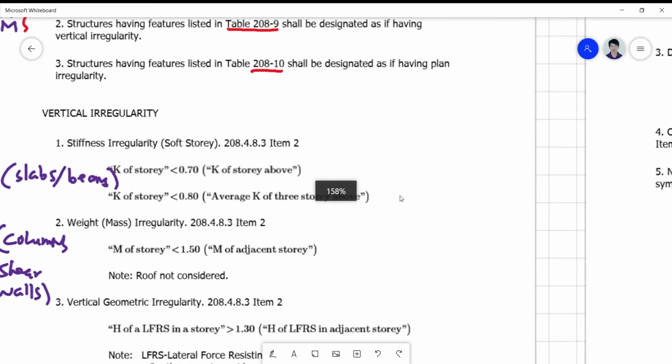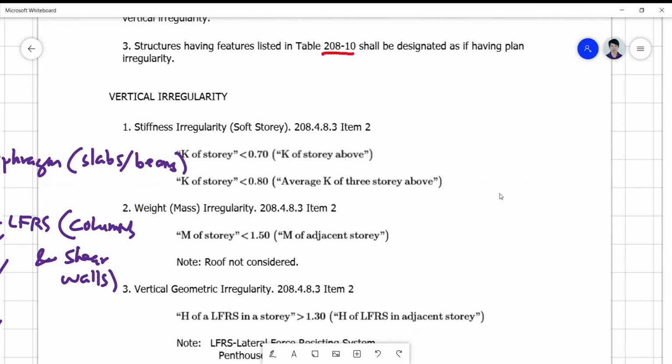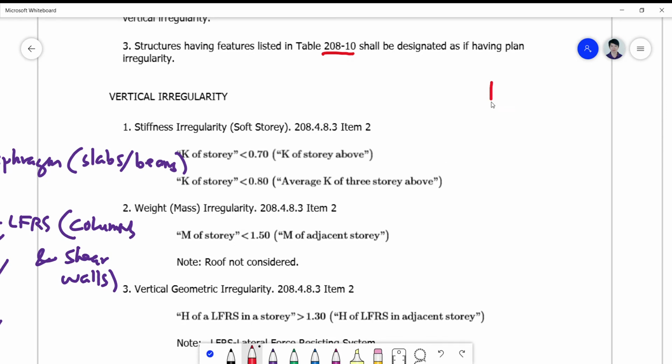Okay, the first one is what you call the stiffness irregularity. By the way, before I proceed, I'd like to explain to you the meaning of adjacent, and above and below. When we are pointing to a reference story, let's say this 3rd story, or 3rd level, the adjacent stories are the 2 stories above and below.